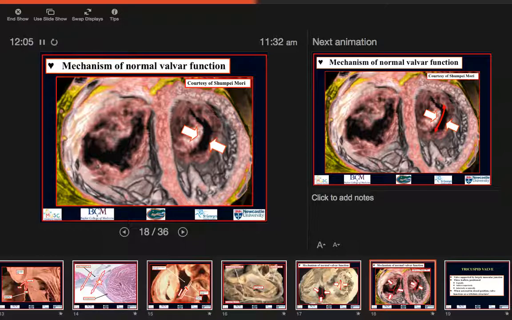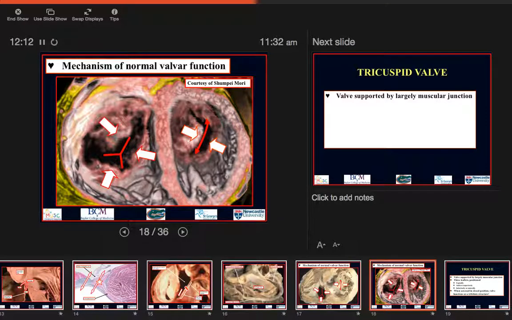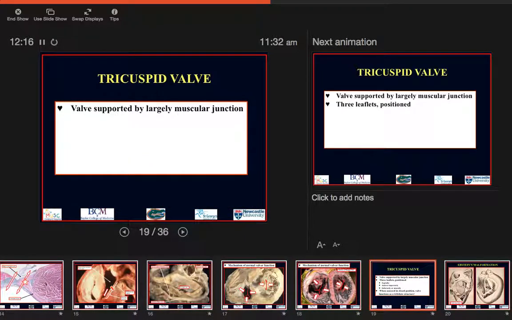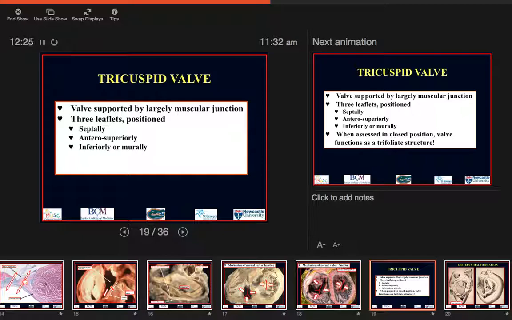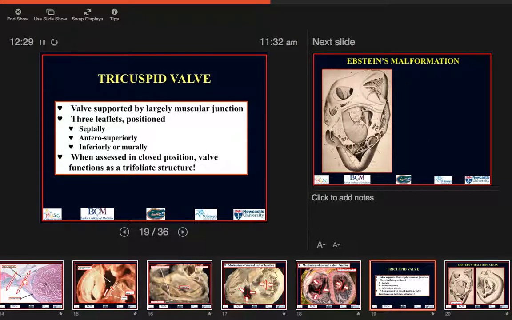This picture shows you beautifully the bifoliate closure of the mitral valve, the trifoliate closure of the tricuspid valve. So summarizing, muscular junction, 3 leaflets, septally, anterosuperiorly, and most important, inferiorly or murally. And when assessed in closed position, the valve functions as a trifoliate structure.